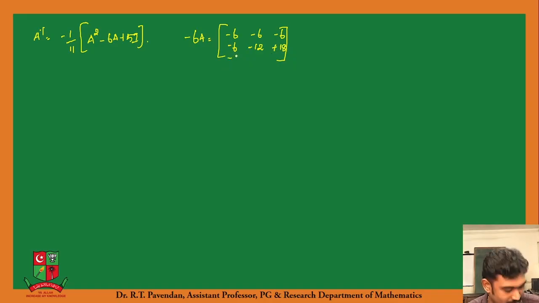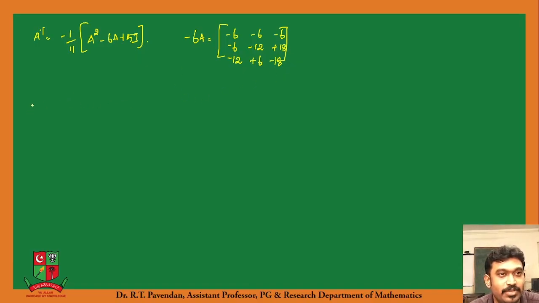So minus 12, plus 6, and minus 6 into 3 is minus 18. So this is the minus 6A matrix.